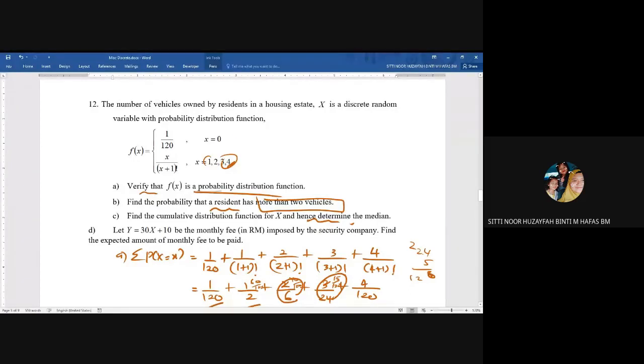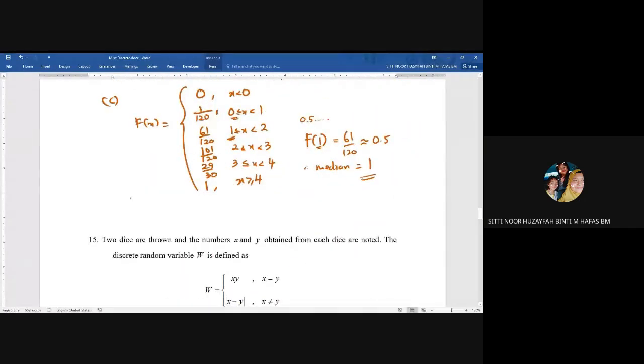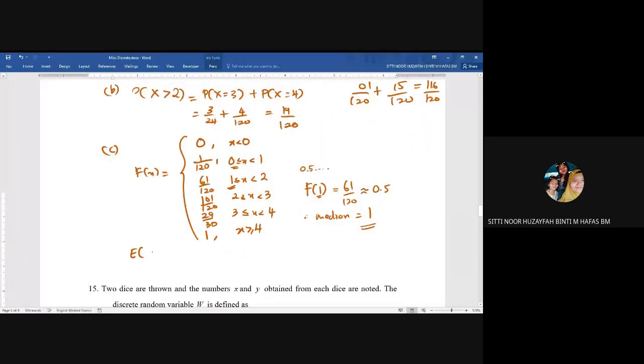So if x is equal to 1, it will be 30 multiplied by 1 plus 10, right? So we have to find the expected amount, or the mean, of the monthly fee to be paid. So mean means that we have to find the expected value of, what is the equation? Y equal to, expected of 30x plus 10.